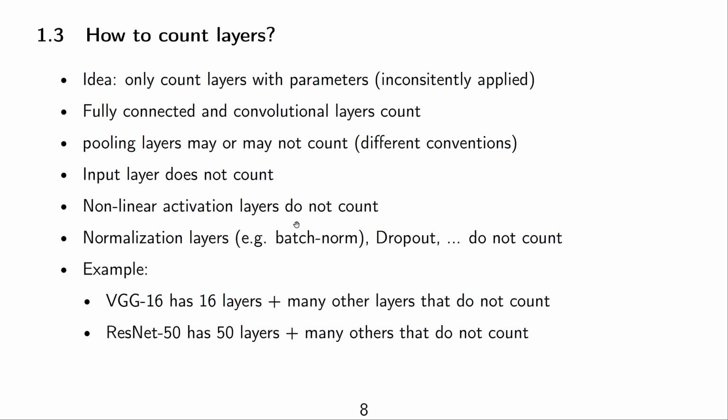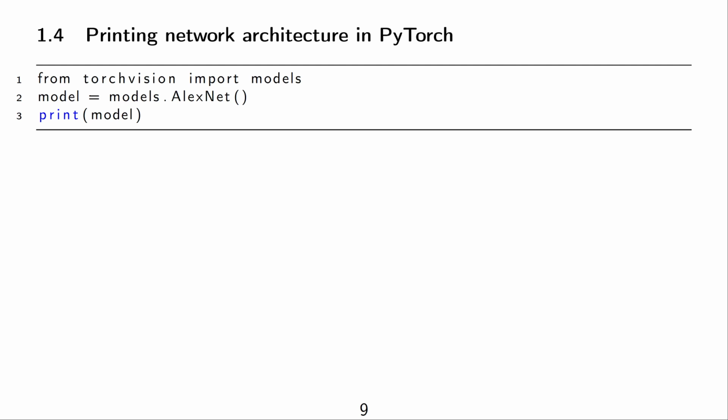Normalization layers such as batch norm, and dropout, also have parameters, but these layers also are not counted. Then examples: VGG16 is a network that has 16 layers plus many other layers that do not count. ResNet 50 has 50 layers plus many other layers that don't count.